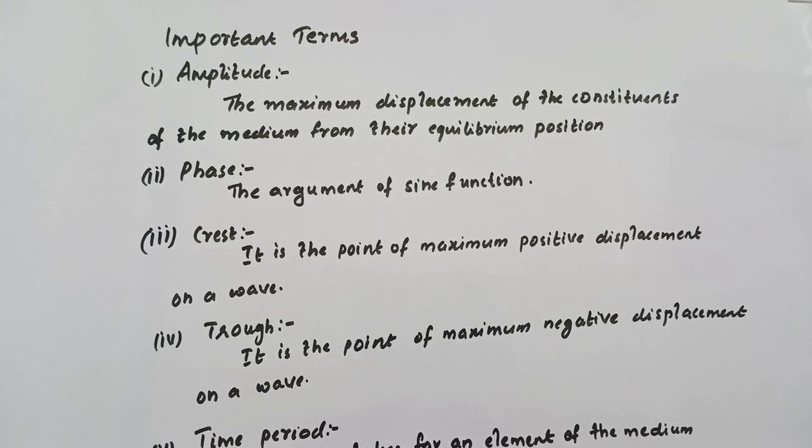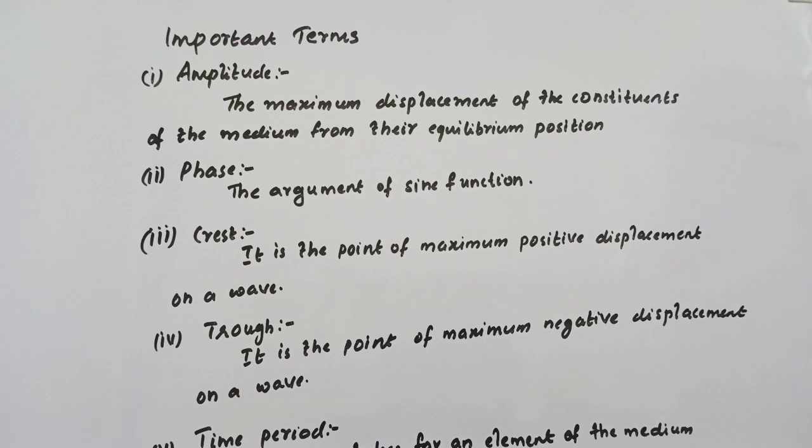Third, crest. Crest is the point of maximum positive displacement on a wave. If the wave is in the form of a sine function, then the maximum positive displacement on a wave is crest. That is, the peak of a sinusoidal wave represents a crest.